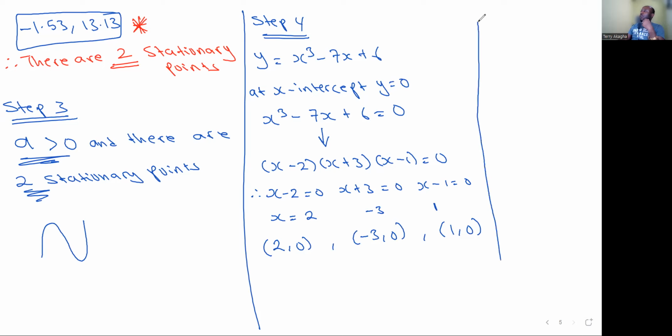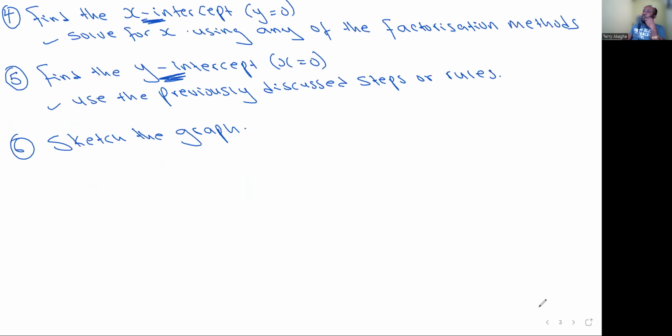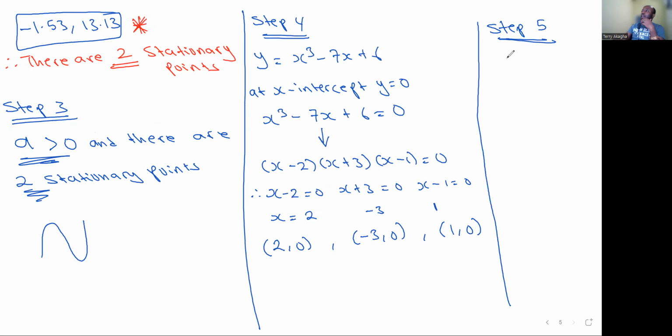Then the next one, we go to step 5. Step 5, we need to find the y-intercept. At y-intercept, remember, if you check the video, x is equal to 0. So at y-intercept, x is equal to 0.